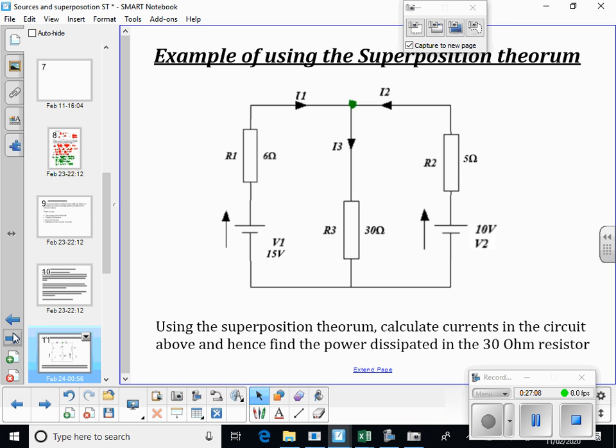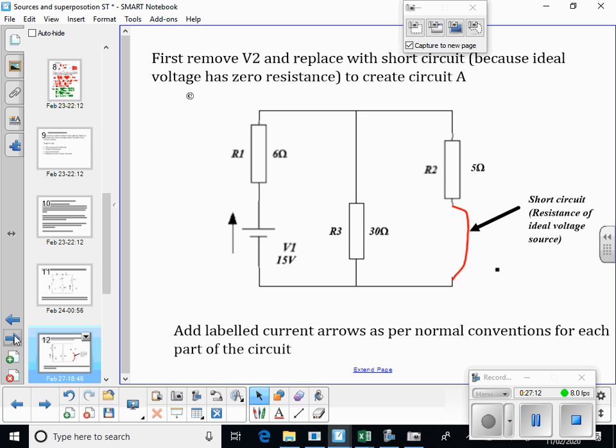So the first thing we do in the process is remove source 2 and replace it with a short circuit, because a short circuit is the resistance of an ideal voltage source.